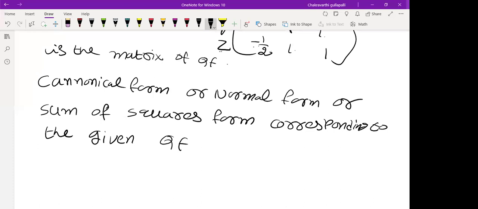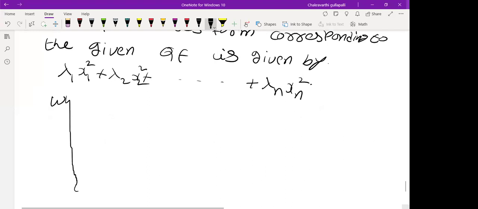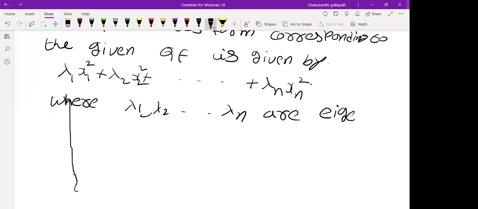The given quadratic form is given by lambda1 x1 square plus lambda2 x2 square plus ... plus lambda n xn square, where lambda1, lambda2, ..., lambda n are the eigenvalues of A. So how to get the canonical form?